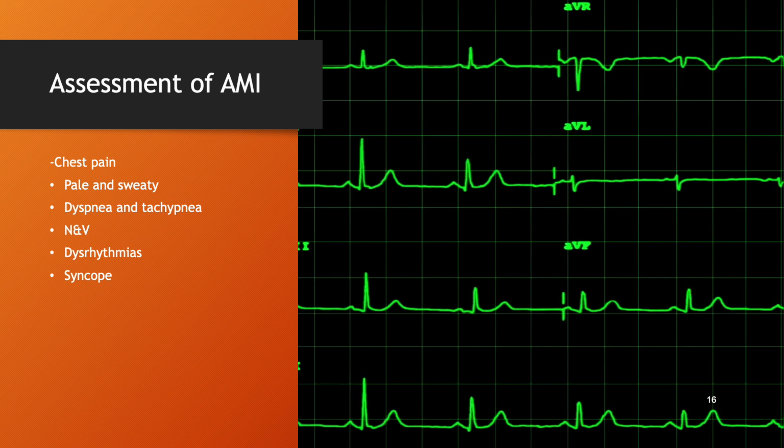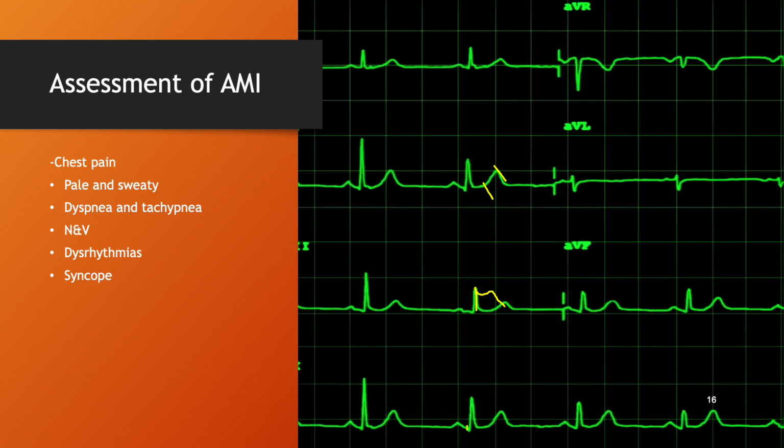If you look at this right here, this is normal. The ST segment is normal. But if you were to be right here, going up and then down, that's an ST elevation. That's a heart attack. This is the most dangerous one.